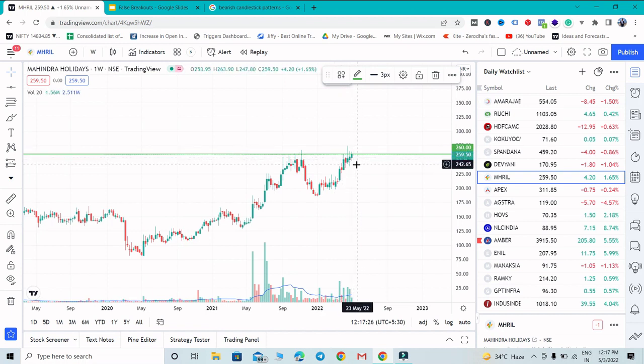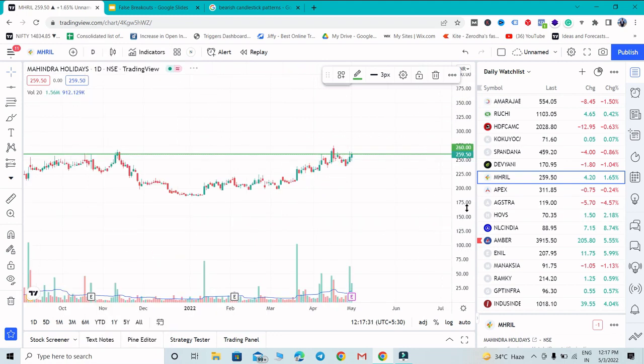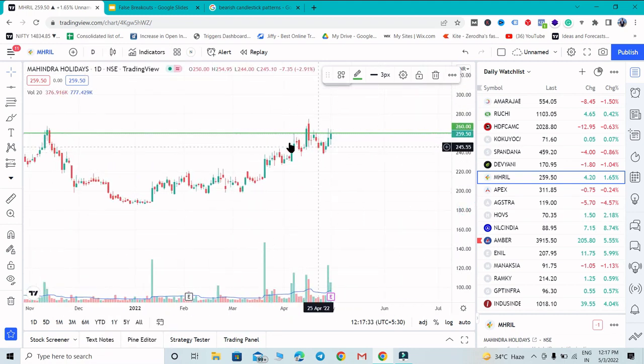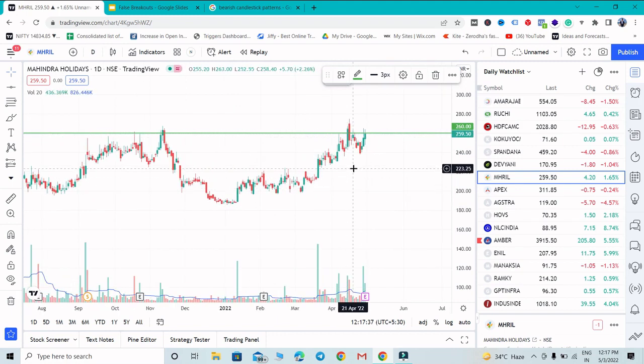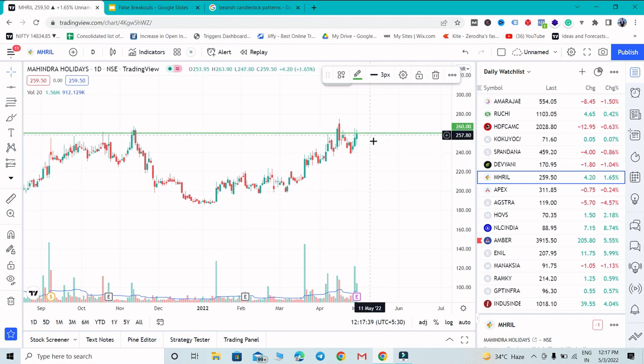This is what we call a build up with good volumes. Now there are high chances that the stock might break out. Why? Because it is spending time near the resistance with good volumes. The buyers are able to take control over the sellers. So high chances are there that it might break out. I guess it is declaring result.